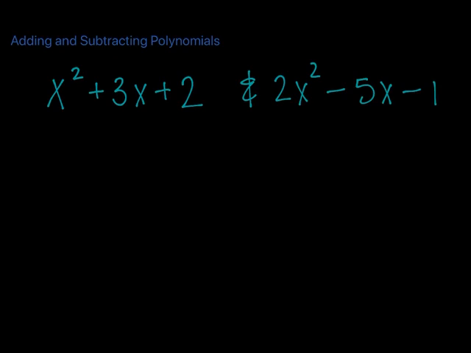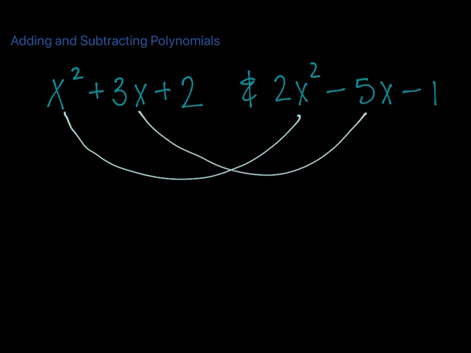Now let's place the like terms together. So x squared goes with 2x squared, 3x goes with negative 5x, and 2 goes with negative 1.